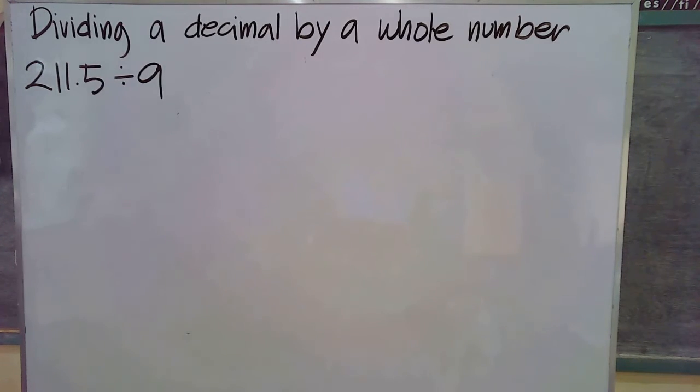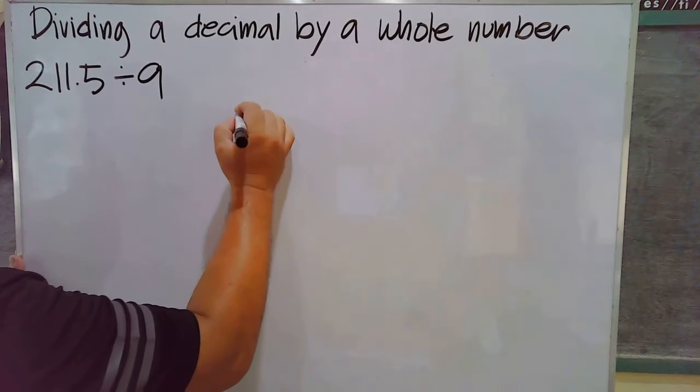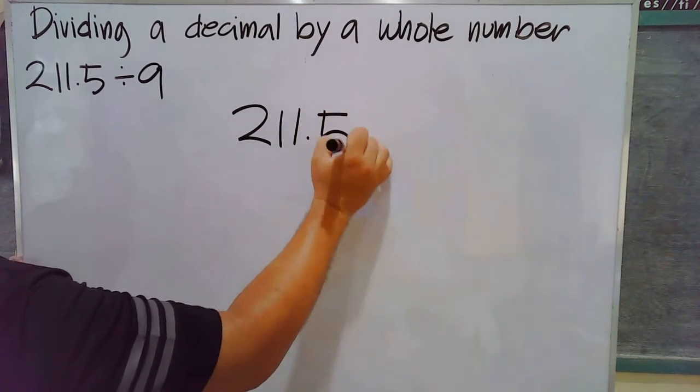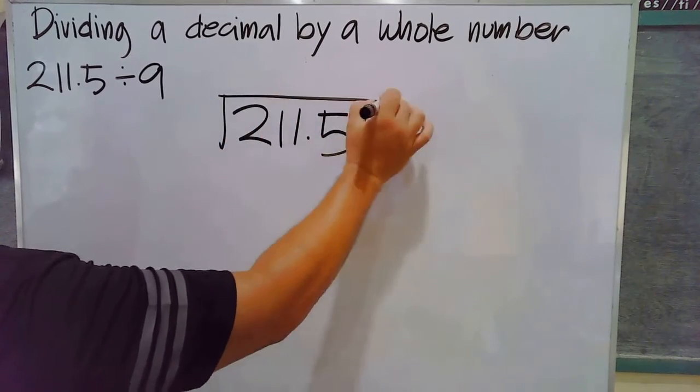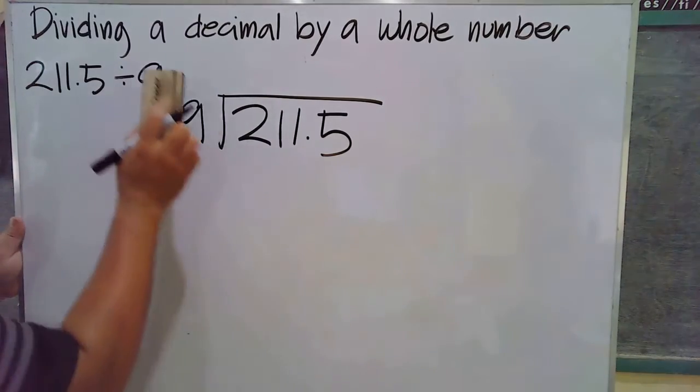Now first is arrange them just like we are dividing a whole number. So 211 divided by 9. Okay, so let's erase this.